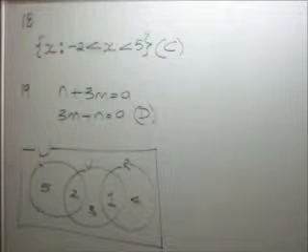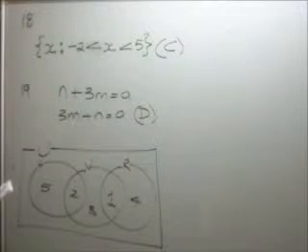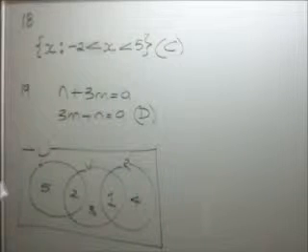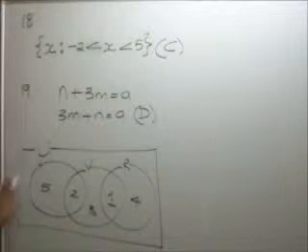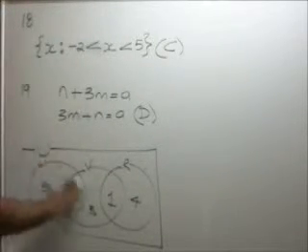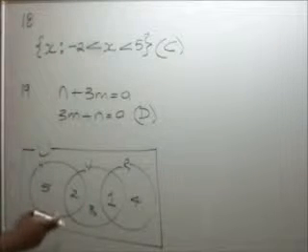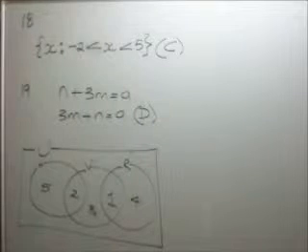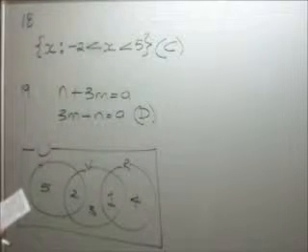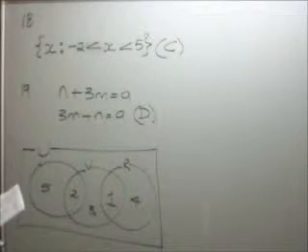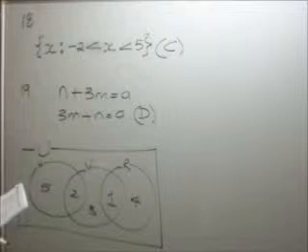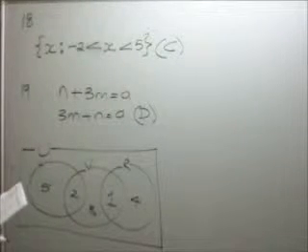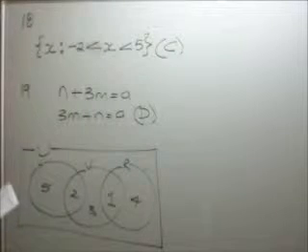How many students play either hockey or rugby or both? Alright, so the number of students that play hockey is what? 5 plus 2, which is what? 7. And the number of students that play rugby is what? 4 plus 1, which is what? 5. So what the question says is, how many students play either hockey or rugby or both?